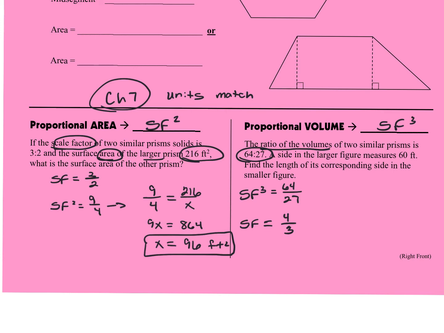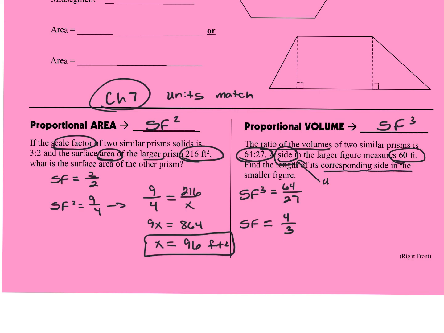Now, if this problem asked me to work with area, I would take my scale factor and I would again find the scale factor squared, just like we did here. However, let's keep reading, and what we'll find is that this problem says that a side, remember the sides will be measured in units, is going to be 60 feet, and we want to find a corresponding side.